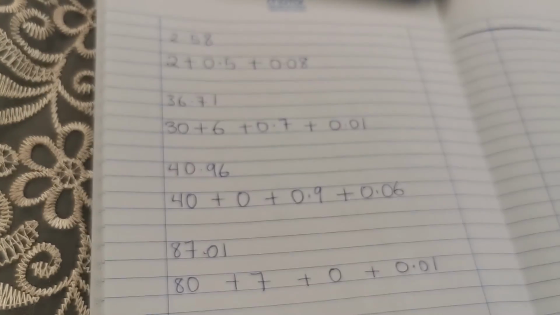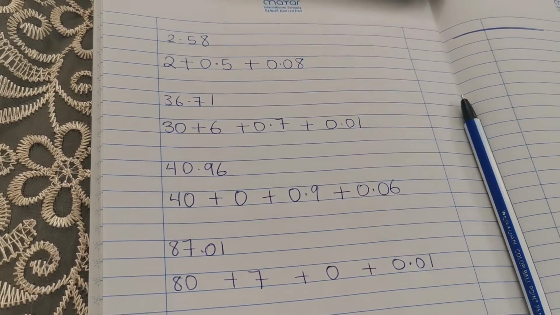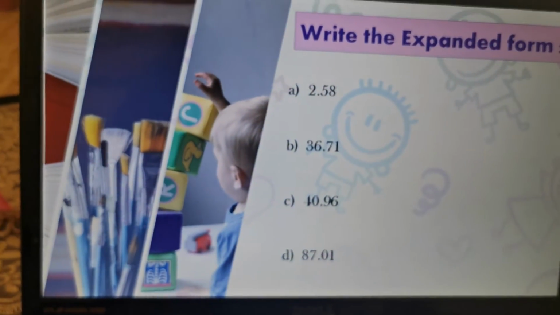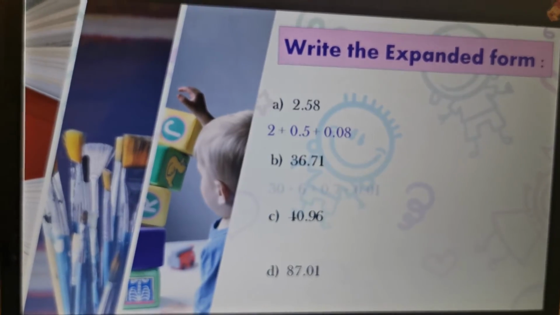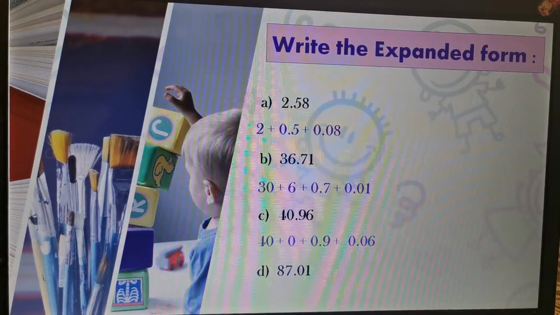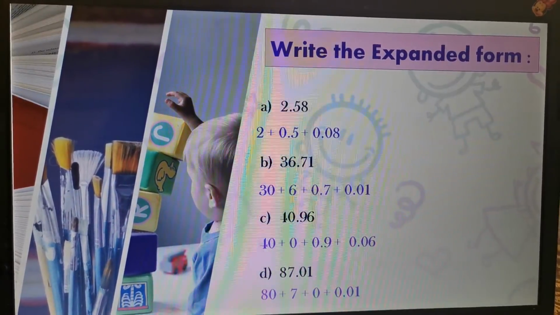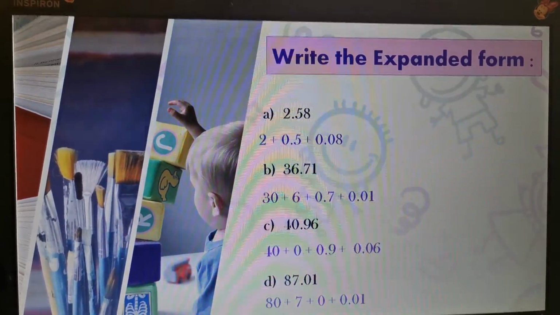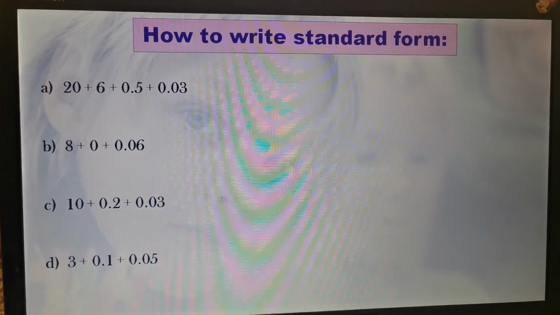Just add the values together. Good job. Did you see how easy? So we learned standard form, word form, and expanded form. Now how to write the expanded form in the standard form.